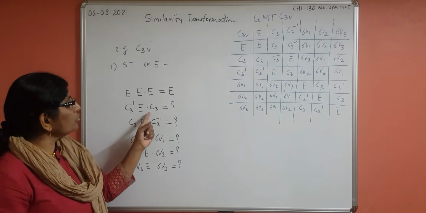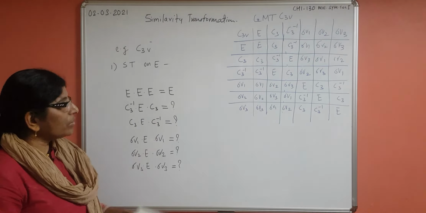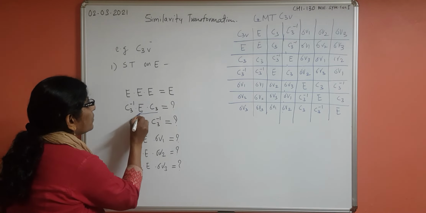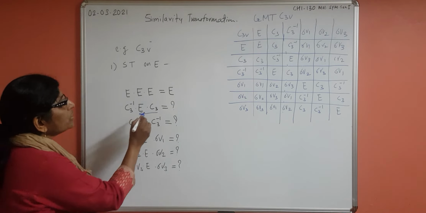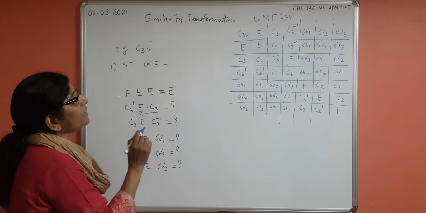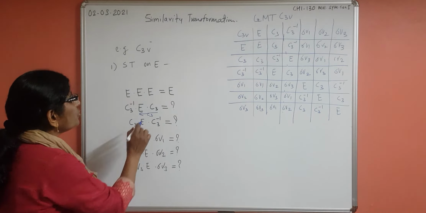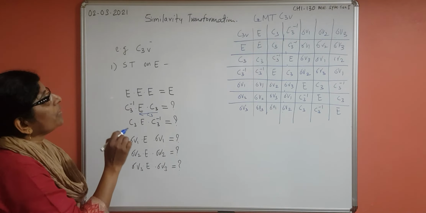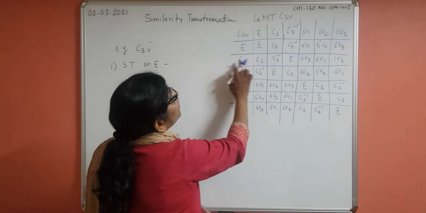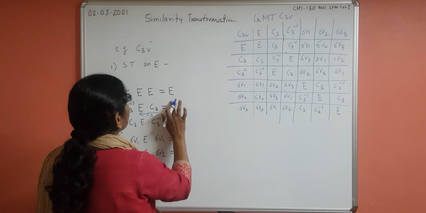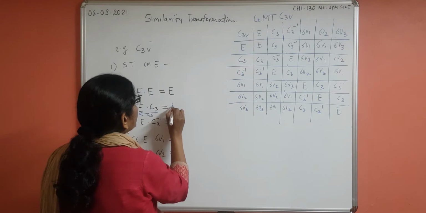Now if we come to this second equation, C3, we always have to follow this way of multiplication. First do the product of C3 and identity. C3 and identity, answer is C3. Now C3 into C3 inverse, answer is identity, so this question mark will be identity.